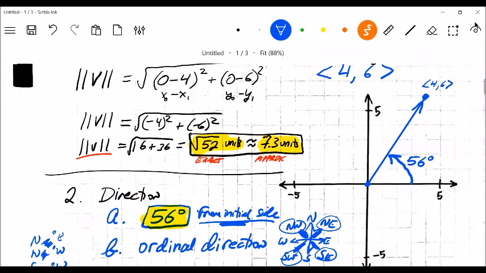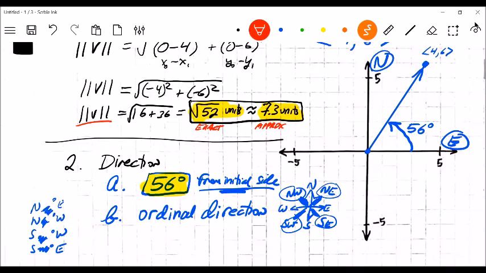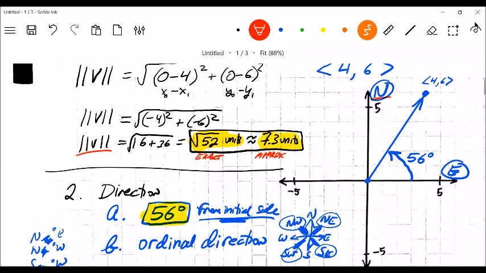So for instance, in this one, here is north and here is east. But northeast is anywhere in this quadrant. What we want is the very specific amount of degree. But the difference for us is it's not 56. The north or the south always comes first.